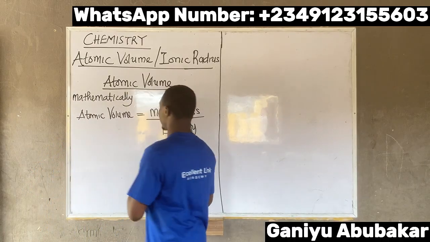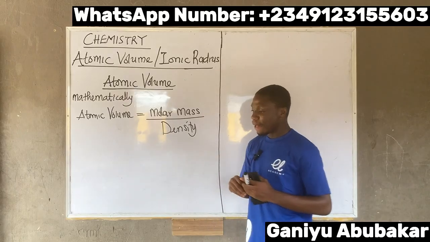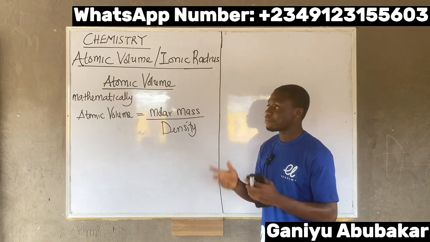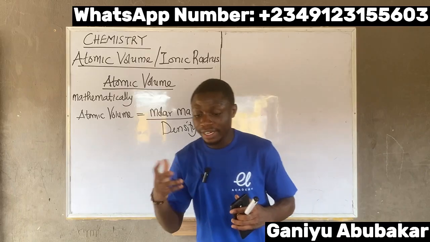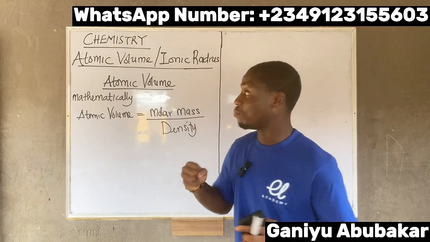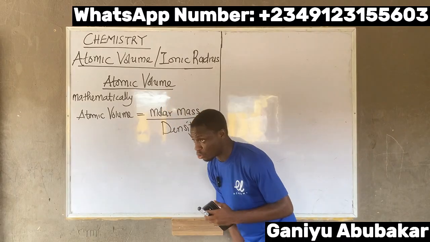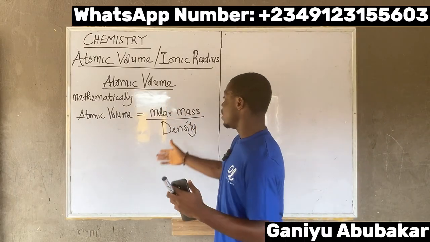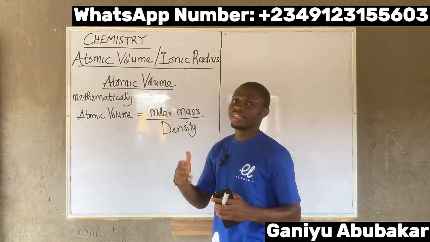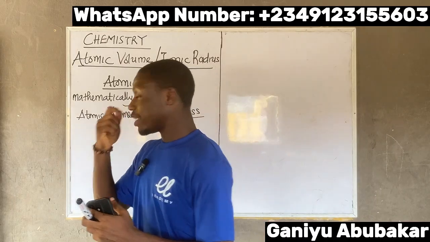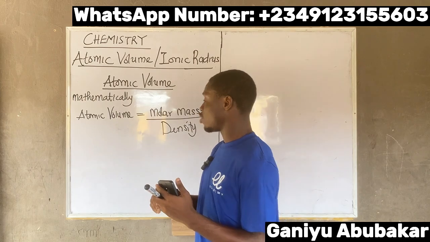This becomes your mathematical technique for solving problems when it comes to atomic volume. The formula is molar mass over density. That's all you need to know when it comes to atomic volume.